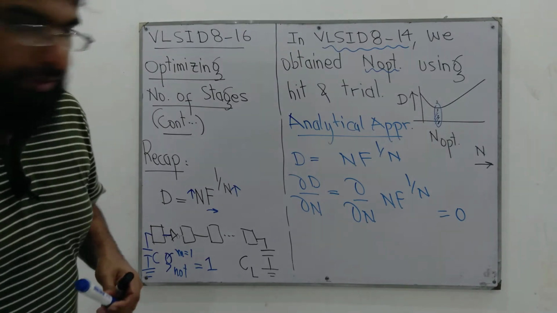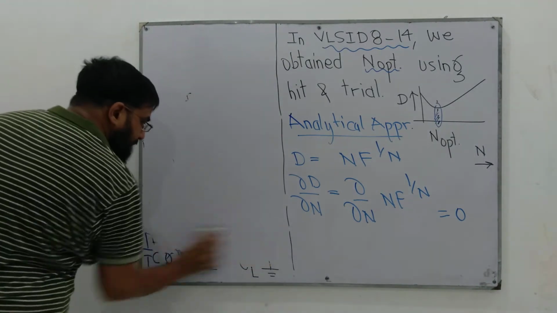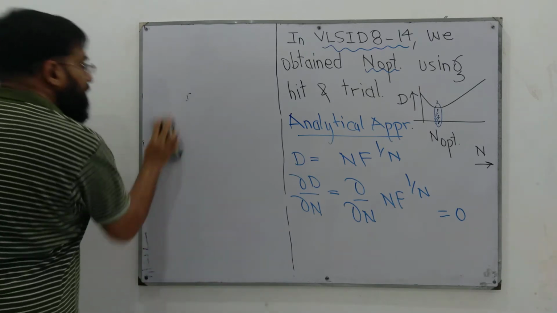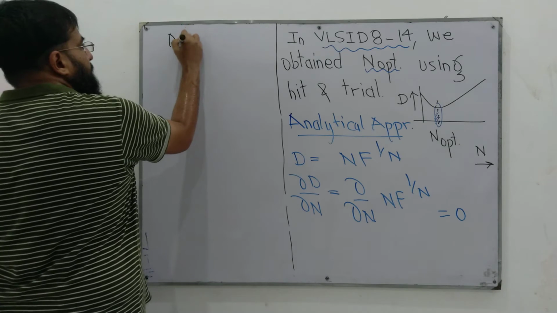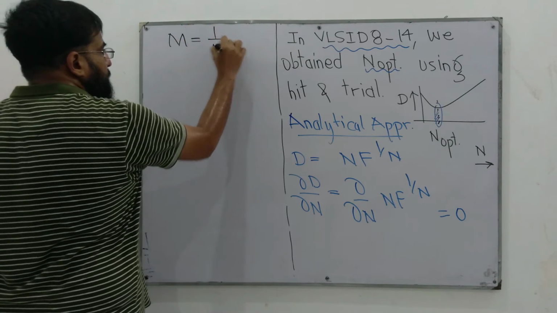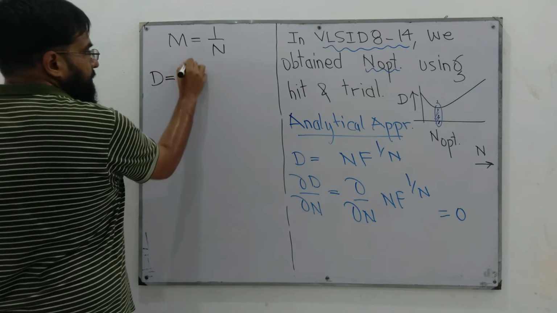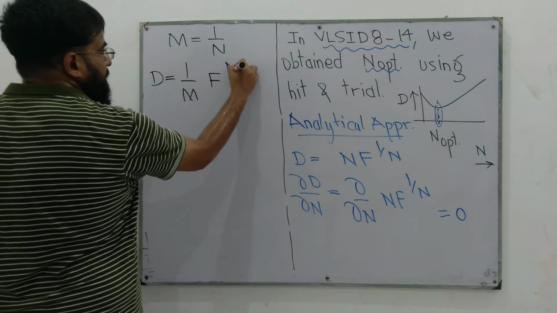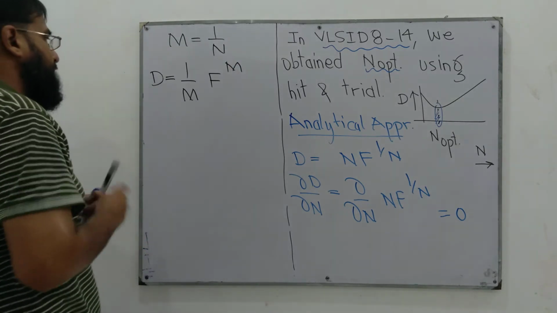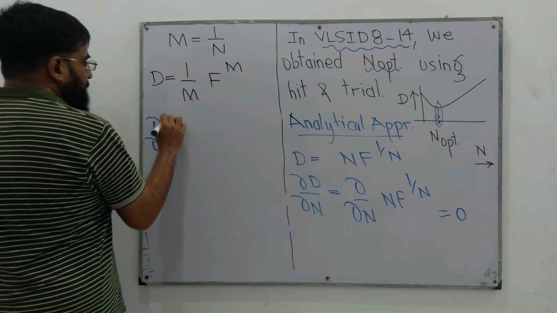But before we do this, we'll do a small substitution: we'll assume another variable m, which is equal to 1 over n. So this expression D becomes 1 over m F to the m. Now we are going to differentiate this with respect to m.